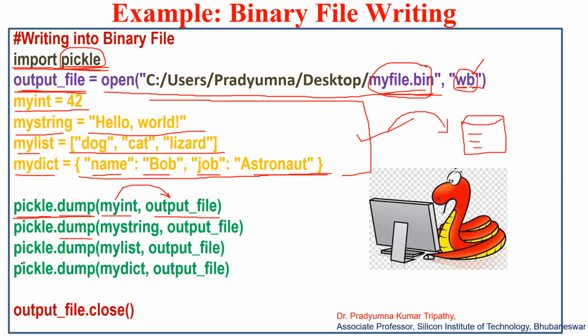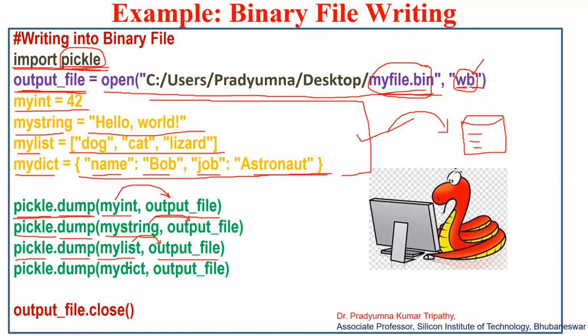So what we have done, the second time also I have used the same command, pickle.dump, but this time I am writing a string into the file. The third time I use the same dump method, but this time I am writing a list into the file.